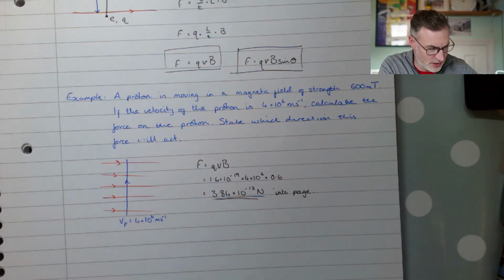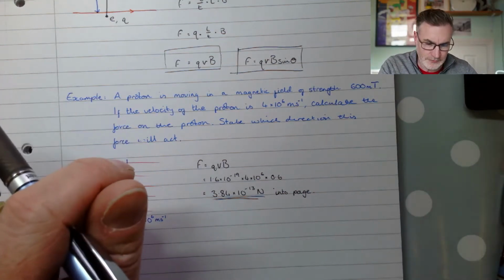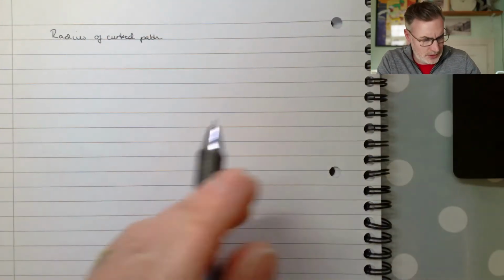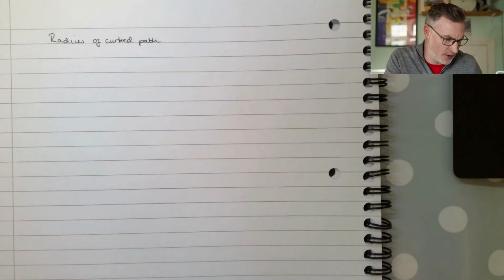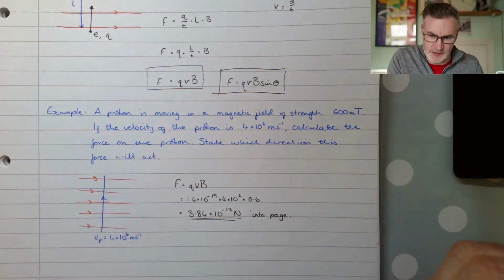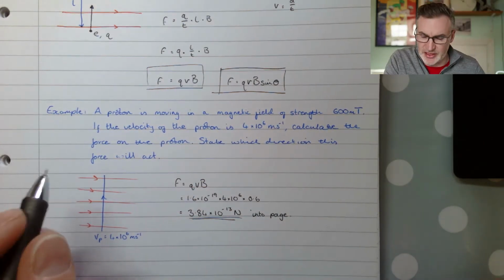Okay, so down that way. So we know that our proton, as it's moving through the magnetic field, is going to experience a force going down into the page.